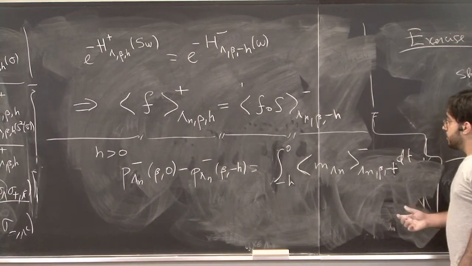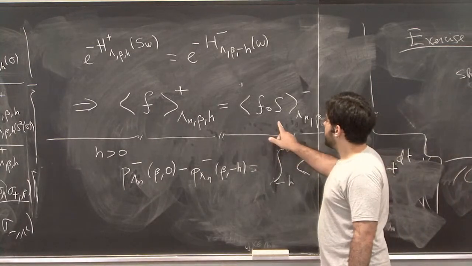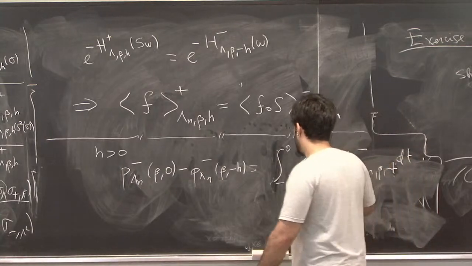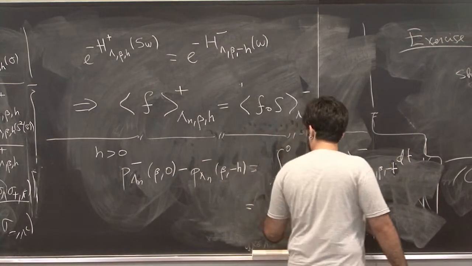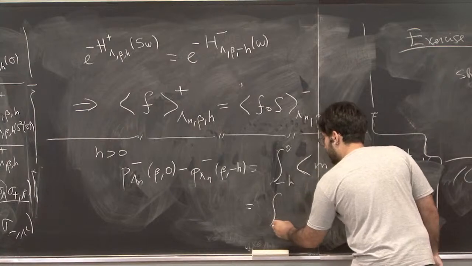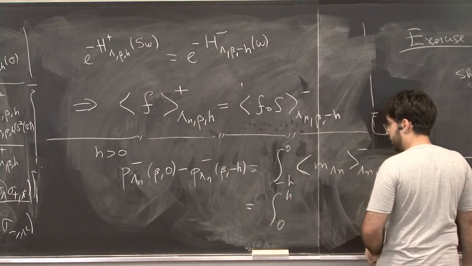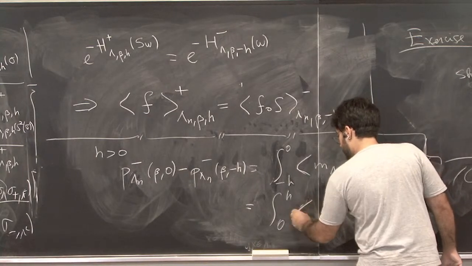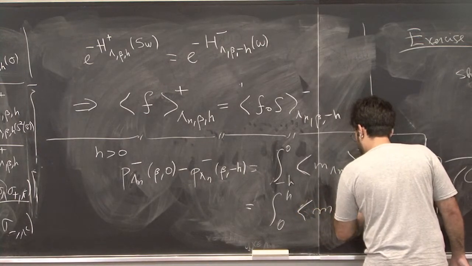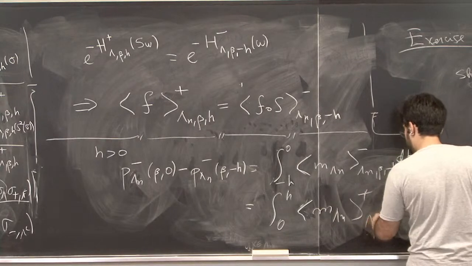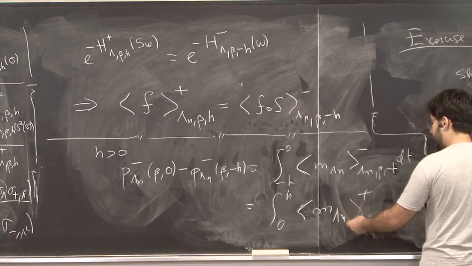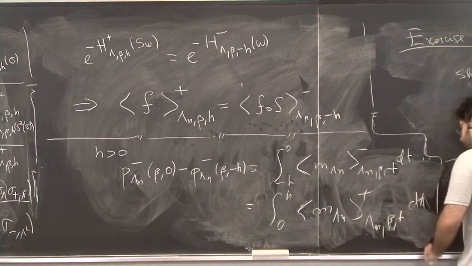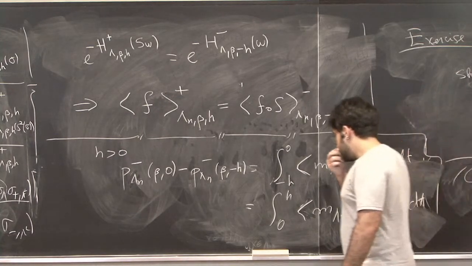But then using this relation right here, using the spin flip symmetry, this will actually be equal to the integral between 0 and H of m Lambda plus, the expectation value of the magnetization density with respect to now the plus boundary condition.